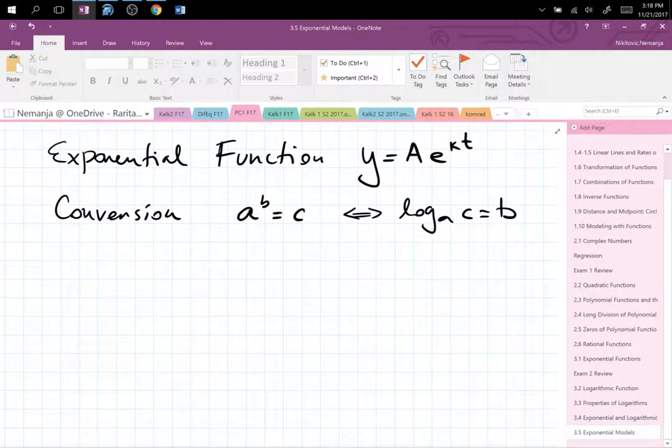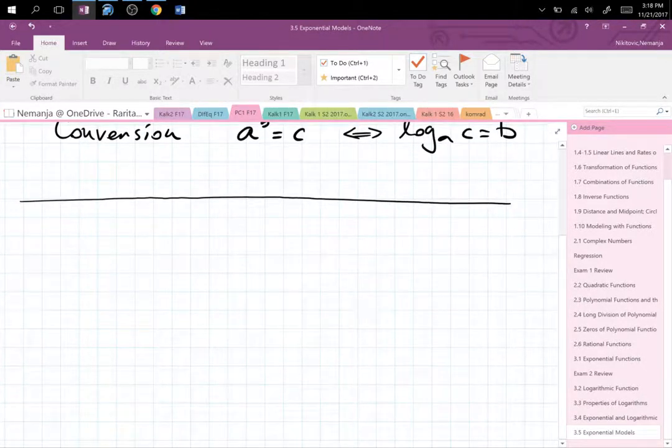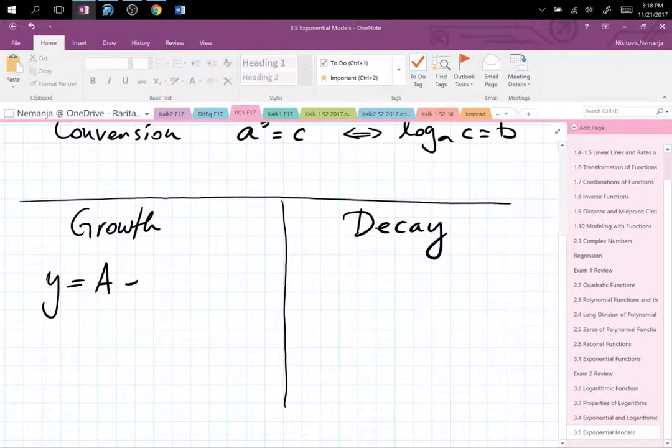So we're going to start by first realizing the duality of the world around us. We have a growth and we have decay. So for growth, we have y equals a e to the k t, where k is larger than 0.